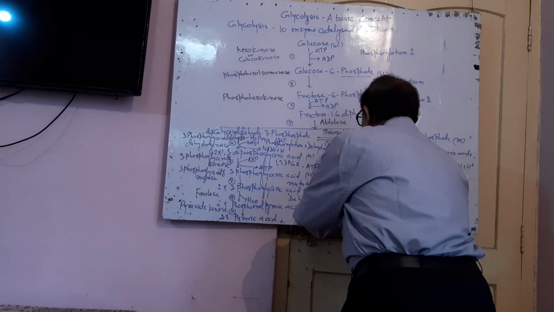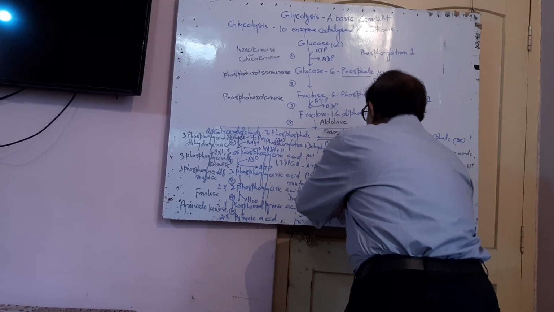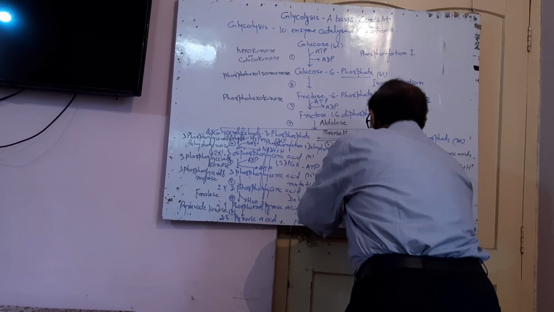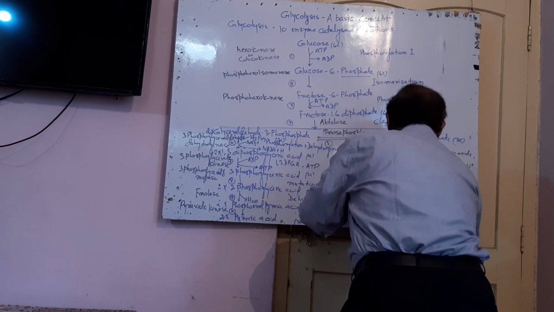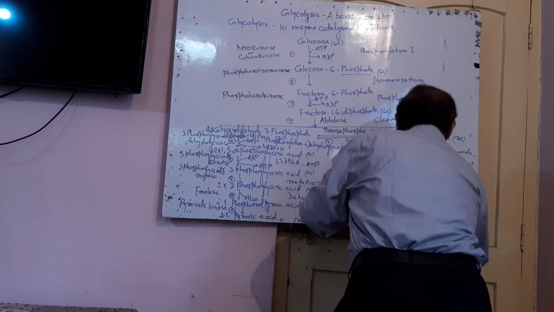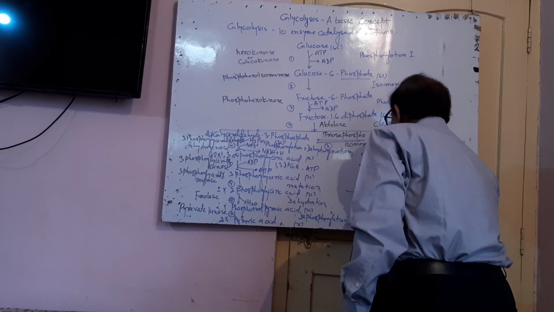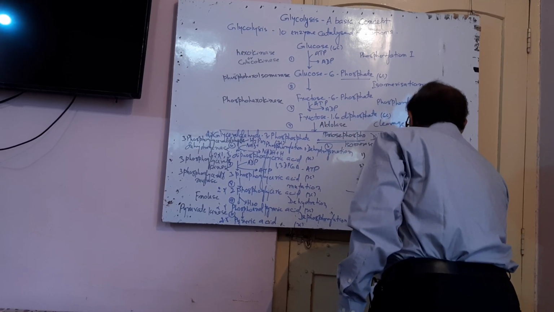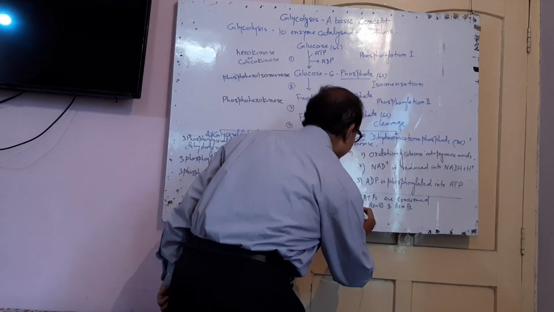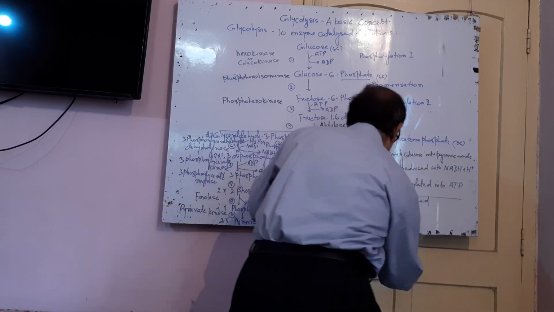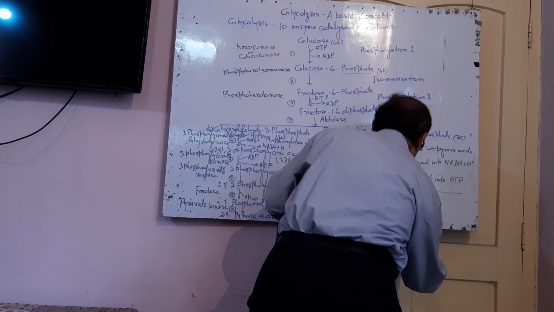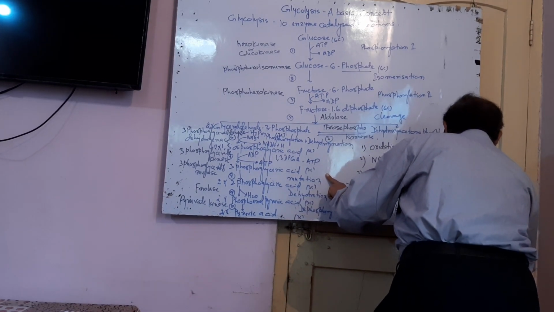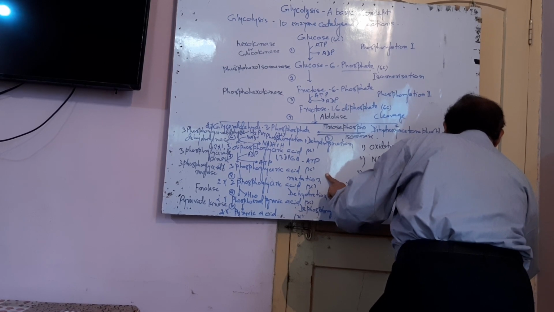Here, in very short, 2 ATPs are consumed, that is in reaction 1 and in reaction 3, and 4 ATPs are produced in reaction 7 and in the 10th.